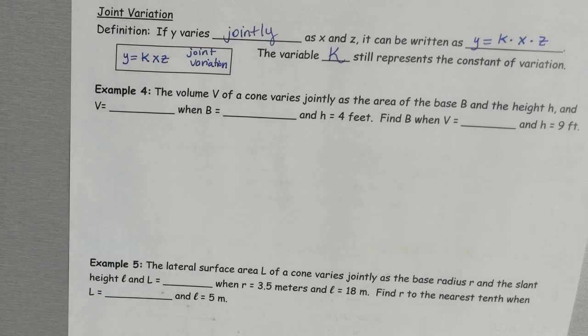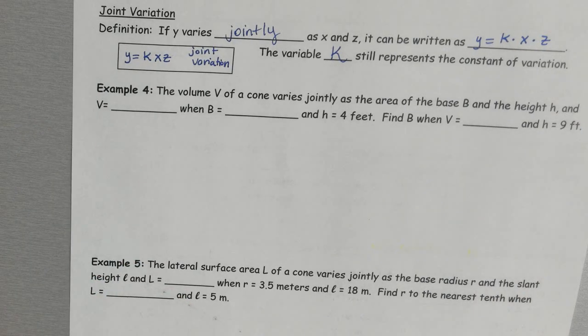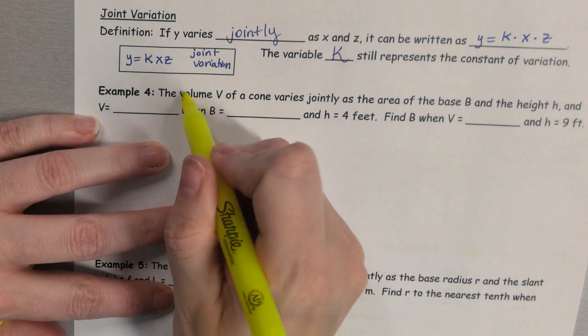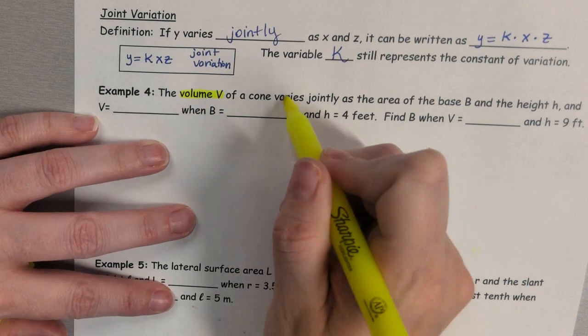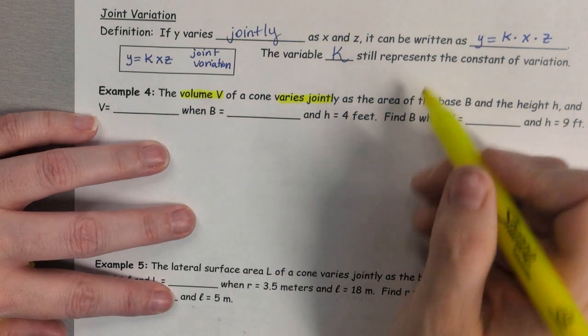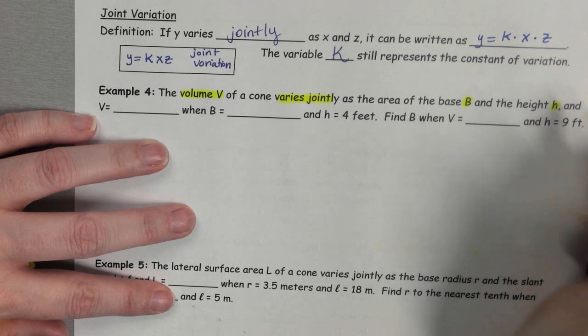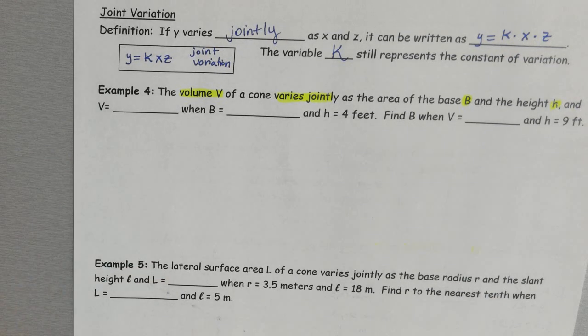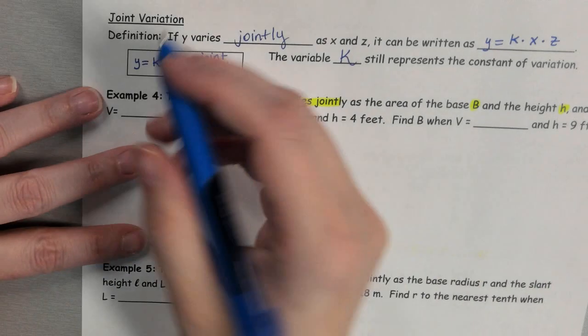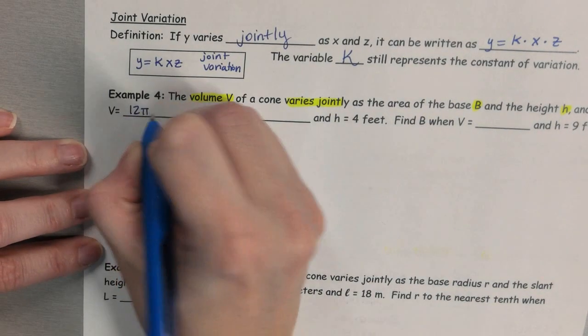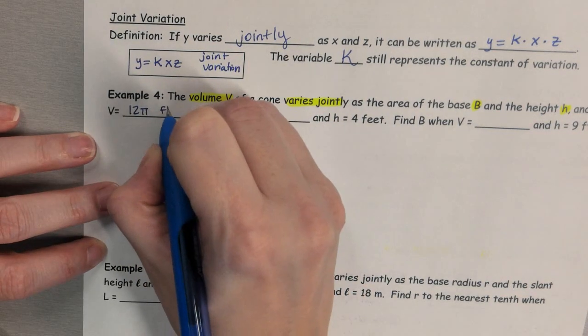All right, and more geometry stuff. We're going to be talking about the volume. So the volume V of a cone varies jointly as the area of the base. Do you guys remember that that's a capital B? It's the area of the base B and the height H. Okay, and then we're going to fill this part in together, and the volume would be 12 pi feet cubed.